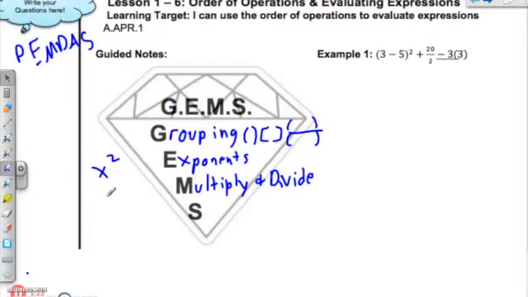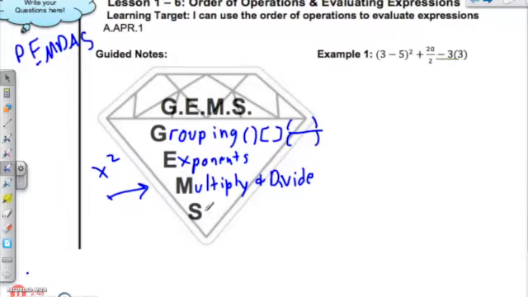The trick is you need to be moving from left to right. So you would start at the beginning of the expression, and whatever comes first, whether it be multiply or divide, you would do that first. And you continue across, working your way through every multiplication and division problem that would occur within that expression, whichever comes first, left to right.